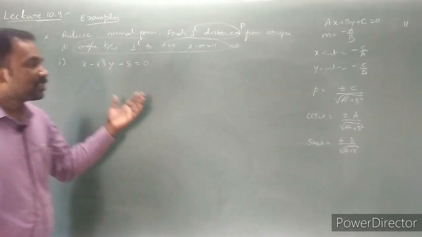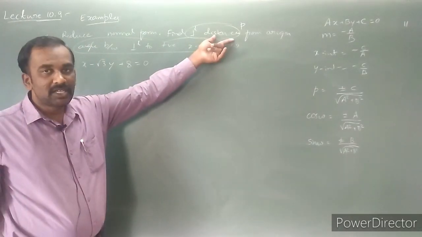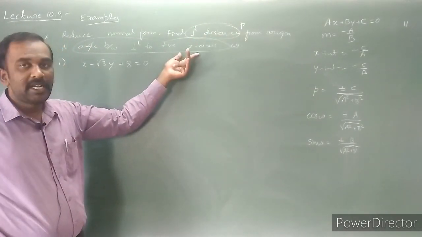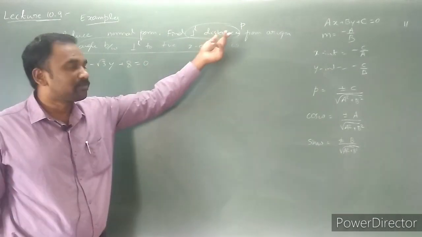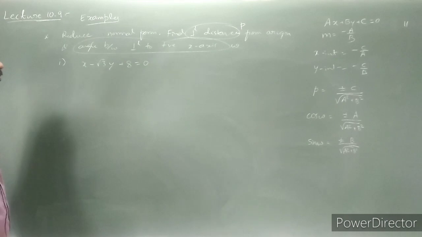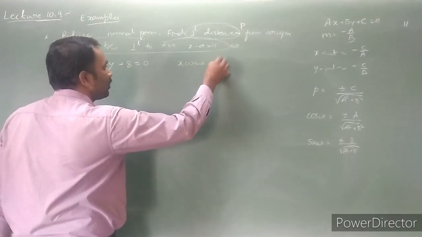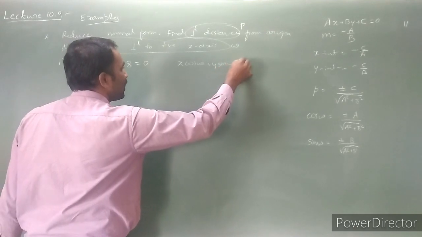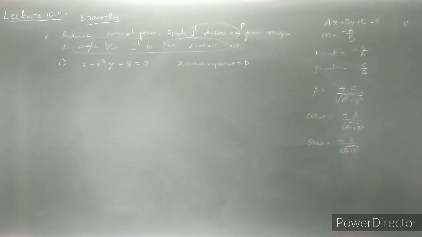So once again, the same as the previous problem, we need to reduce it to the normal form and find the perpendicular distance and the angle between the perpendicular and the positive direction of the x-axis, the p and omega values. We already know the normal form: x cos omega plus y sin omega is equal to p. So reduce it to the normal form.